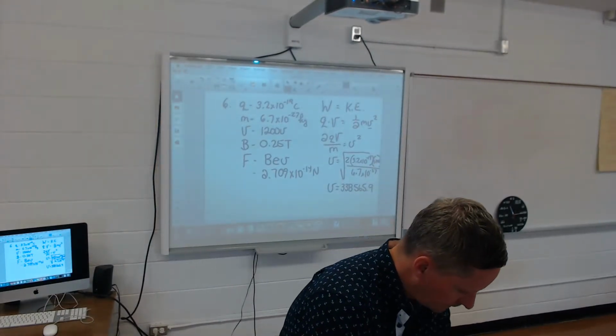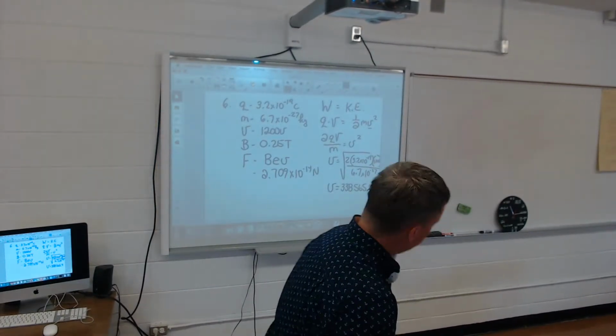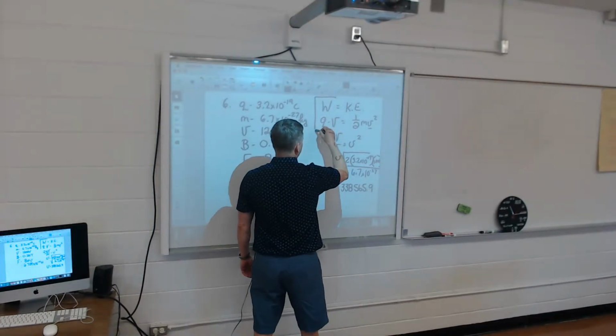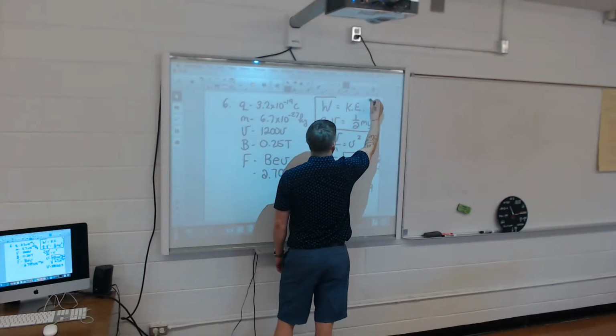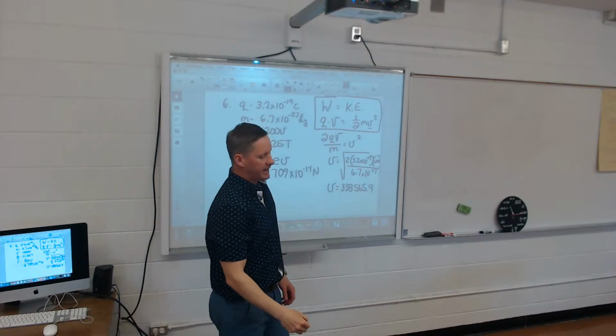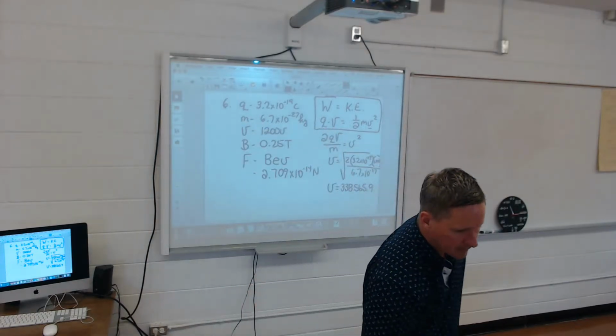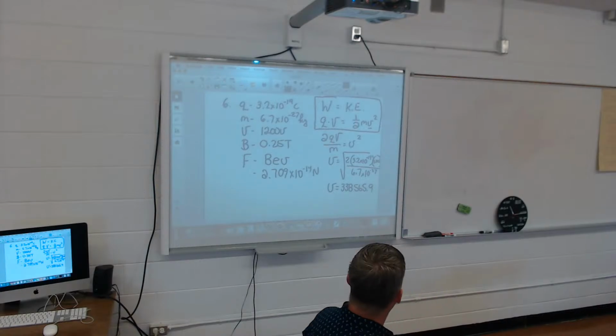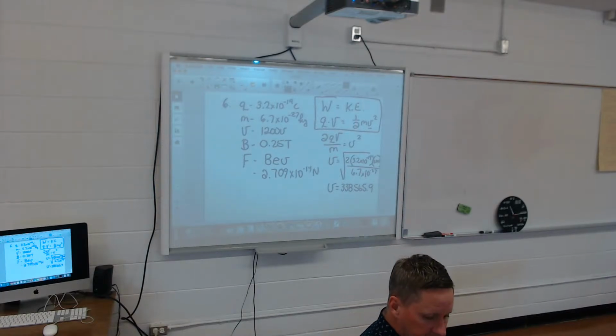Yeah, that's okay. So this is the application right here, work and kinetic energy, converting that voltage, that potential difference, into velocity.